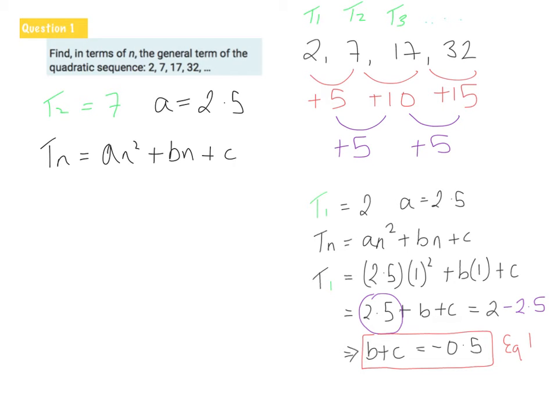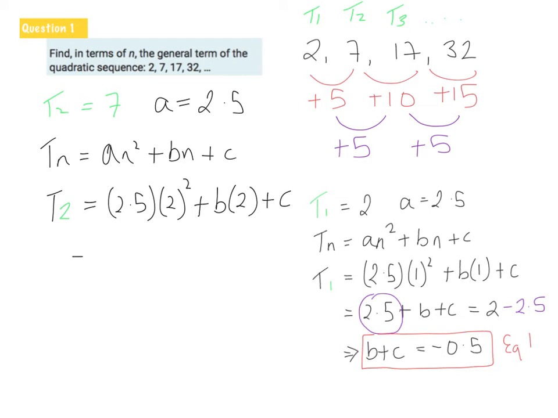So in this case n is 2, and t of 2 is equal to 2.5 times 2 squared plus b times 2 plus c.